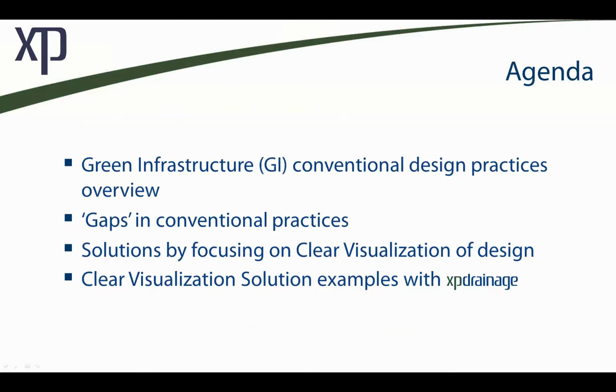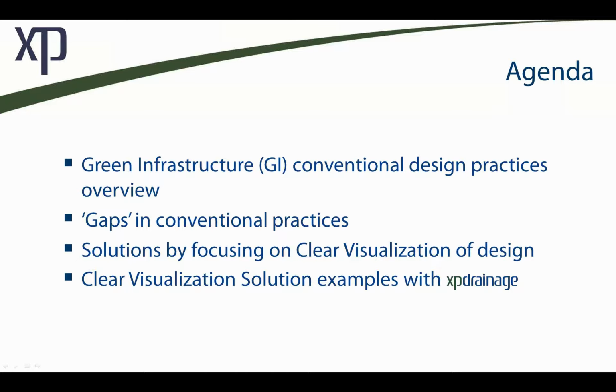Today, we're going to discuss a couple items. We're going to start with green infrastructure conventional design practices, a quick look at the general conventional design procedures that we're going to see in the field.